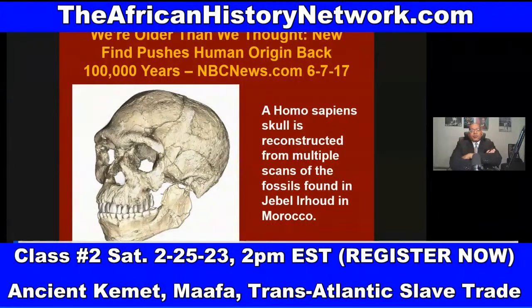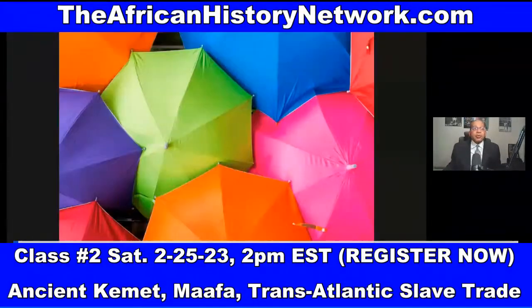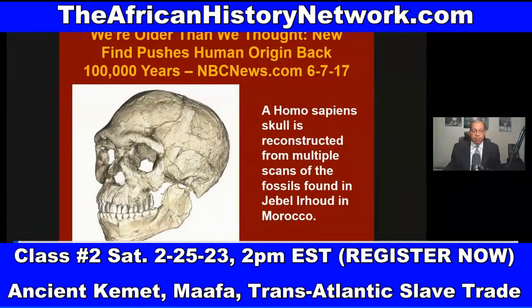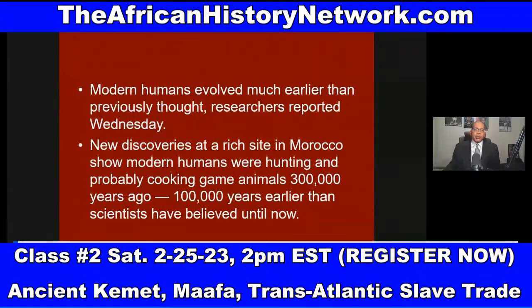So this archaeological discovery came out and it blew away the archaeological world. We're older than we thought. New find pushes human origin back 100,000 years. This is from NBCnews.com, June 7th, 2017. Modern humans evolved much earlier than previously thought, researchers reported on Wednesday.